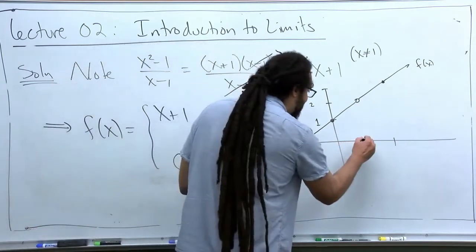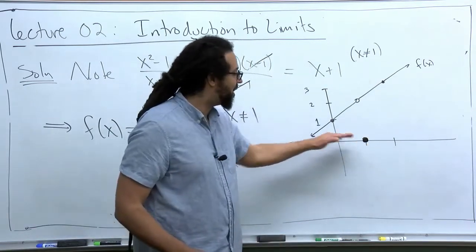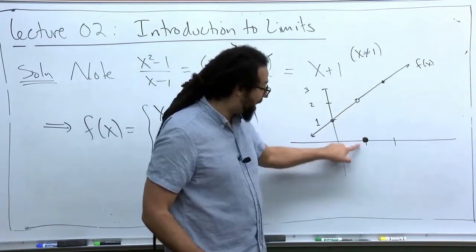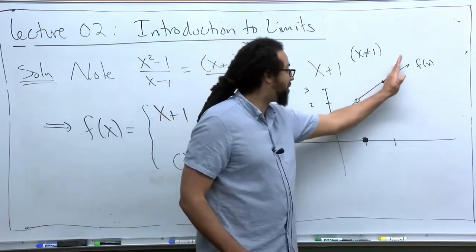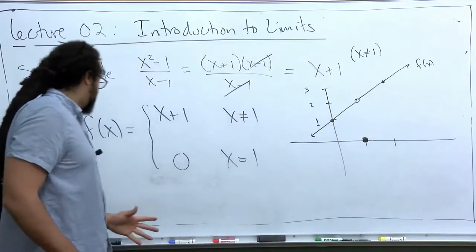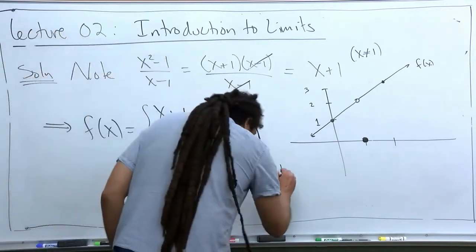So that means I need to put a dot right here at (1, 0). So we've got the line, everything's good until we hit 1, then we have to drop down to this point abruptly, and then pick back up on the line once we're away from 1. So what is the limit as x approaches 1?